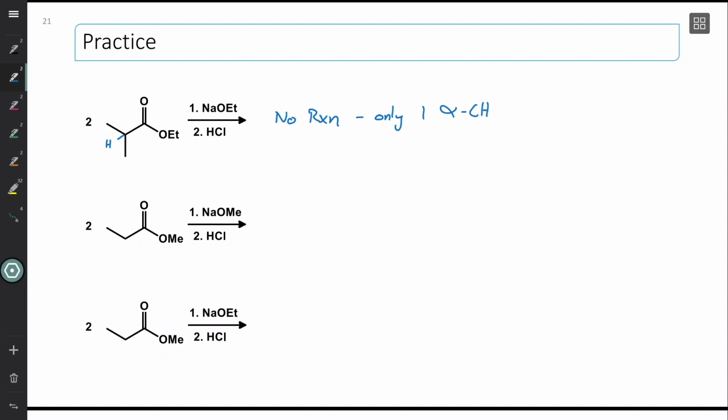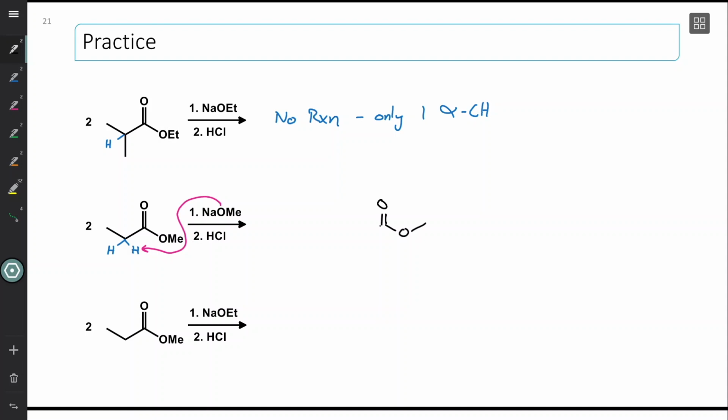Let's do number 2. So now we're good. We have 2. Our O-methyl matches our base, so good. We're going to deprotonate, form our enolate, and attack another ester.